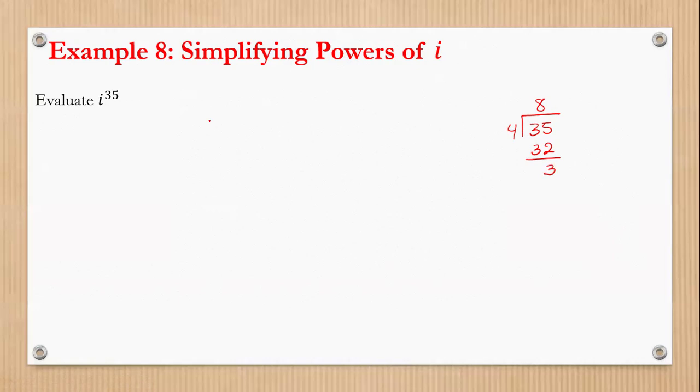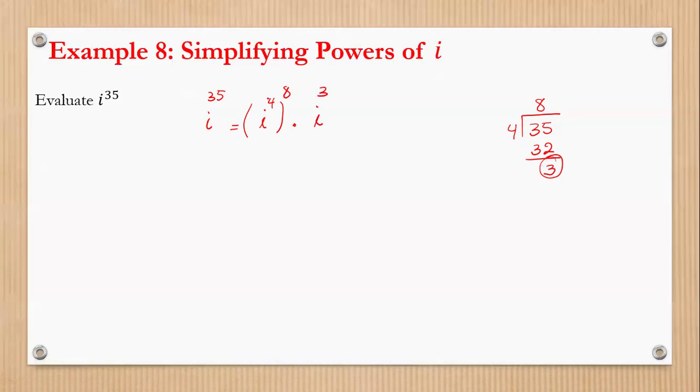Which means i to the 35 is i to the 4th 8 times, but 8 times 4 is just 32. I need 3 more. So I have to multiply this by i to the 3rd because of the remainder.